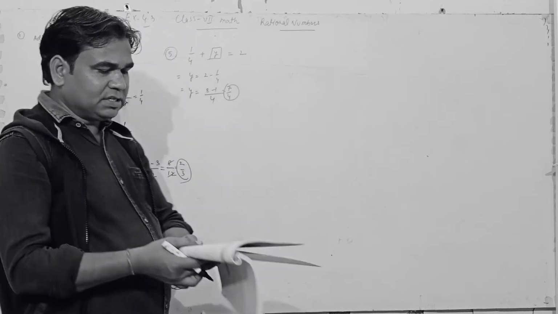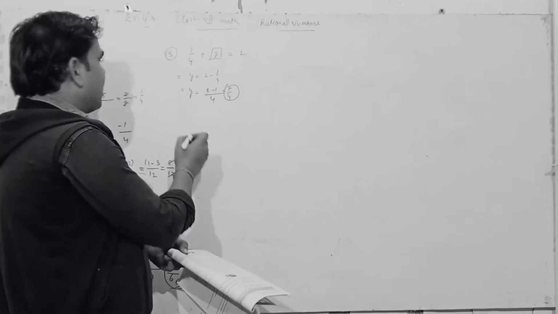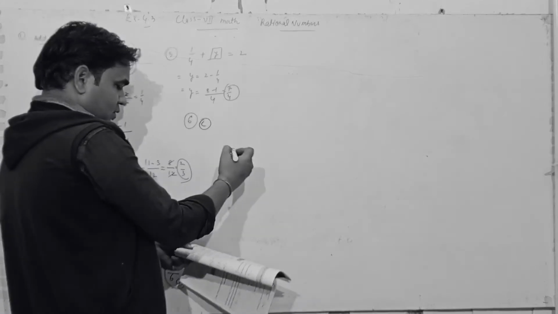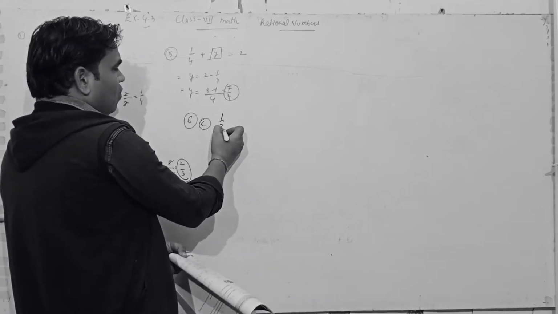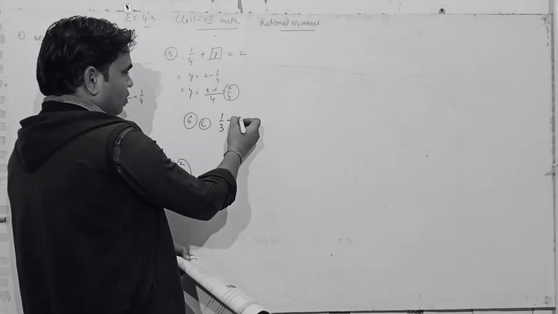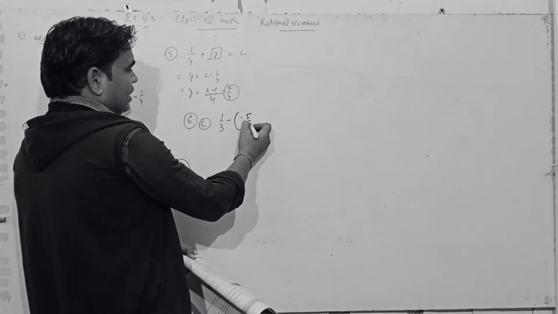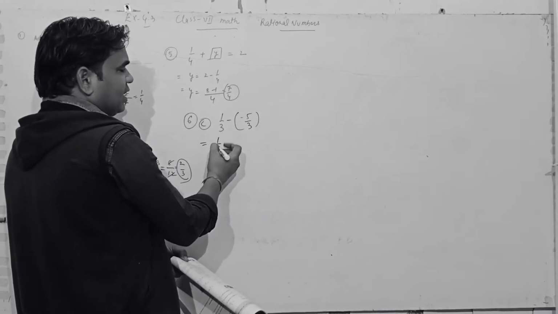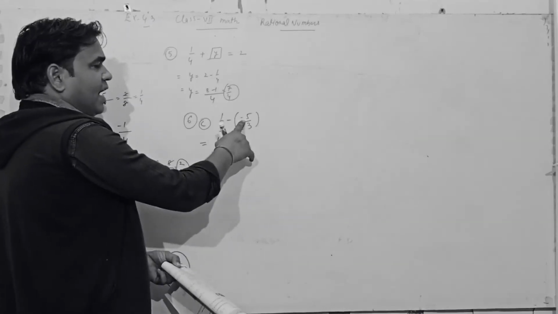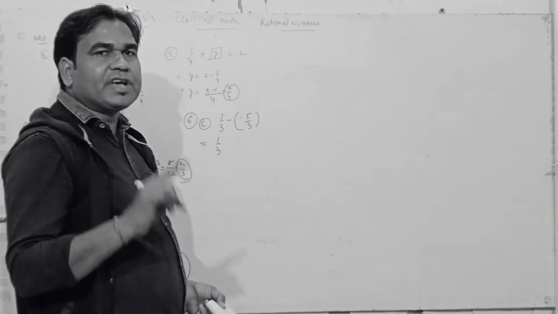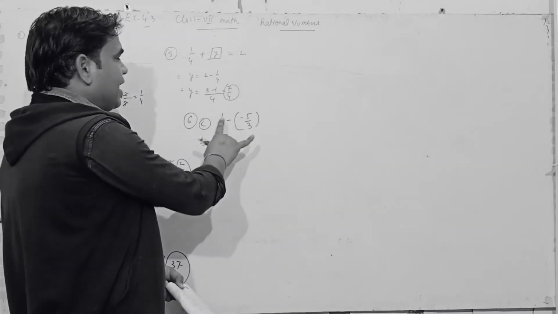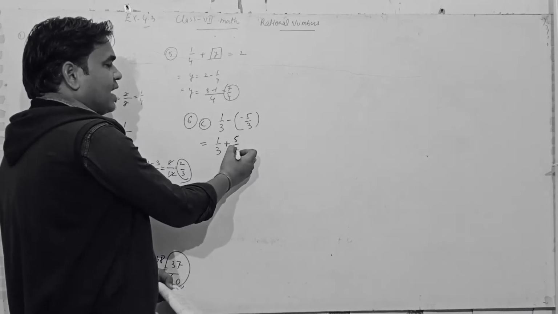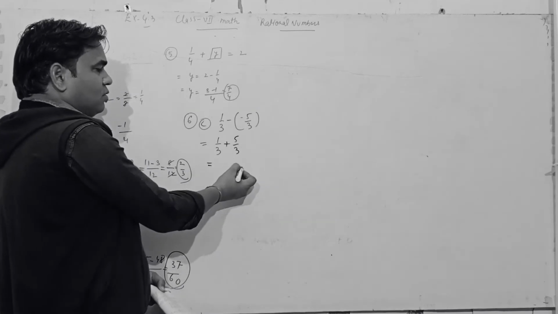Let me see question number 6 C part: 1 over 3 minus, in brackets, minus 5 over 3. So here, students, minus and minus, the sign should be changed. So we can write 5 over 3 also.